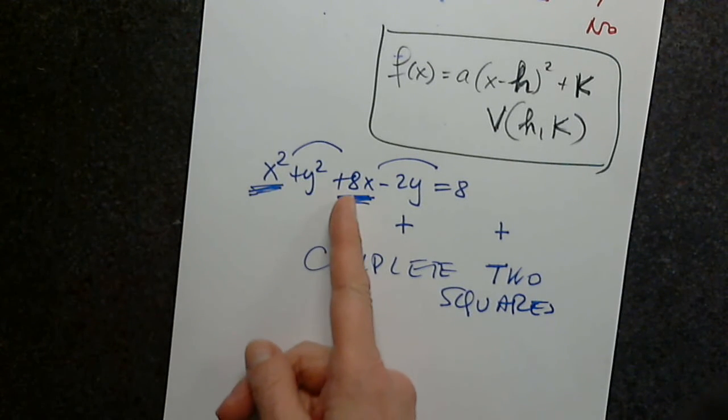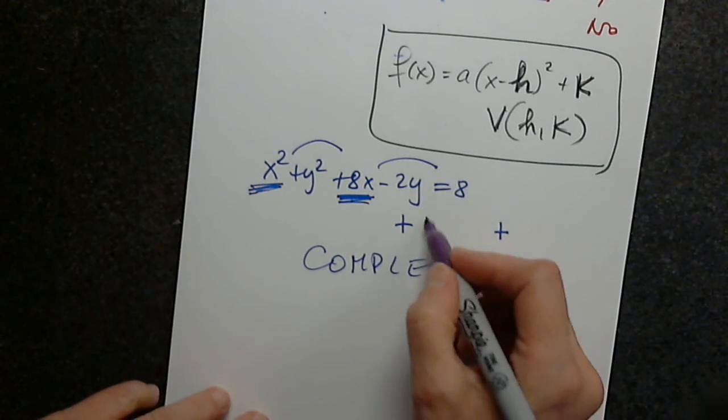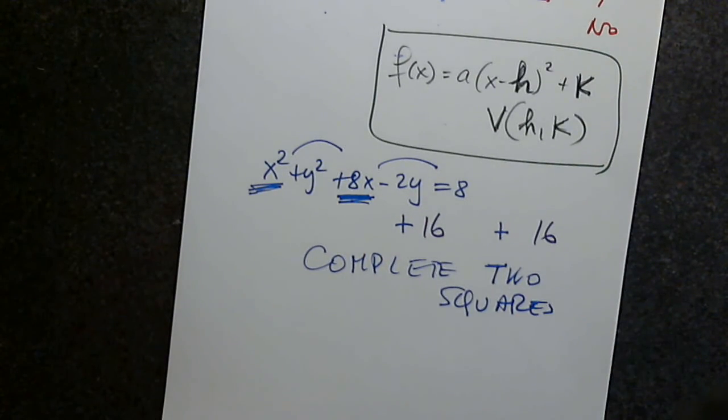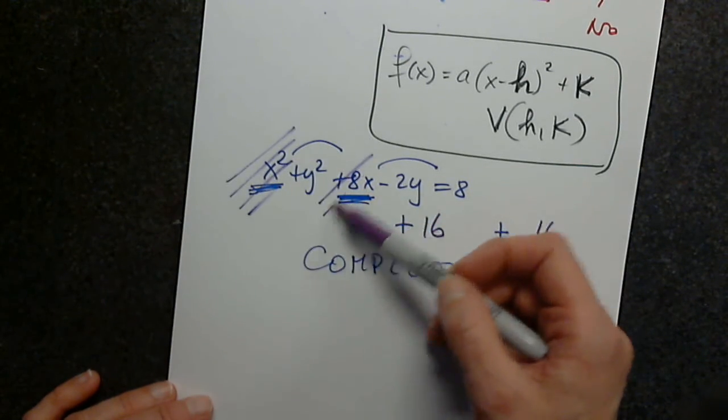Okay, so remember the middle coefficient is? Yes, so 8 divided by 2 is 4, and we square and we get 16. So this is the number that we have to add to both sides that will take care of these 3.